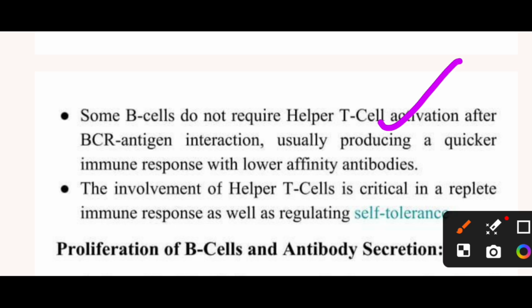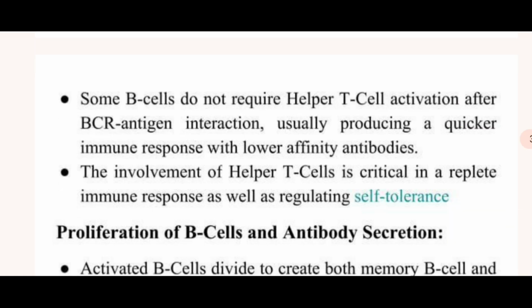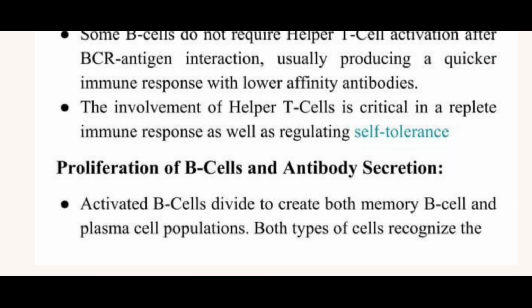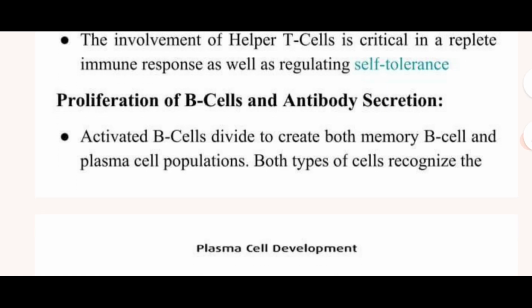Helper T cell activation after B cell recognition interaction usually produces a quicker immune response with lower affinity antibodies. The involvement of helper T cell is critical to replicate immune response as well as regulating self-tolerance.